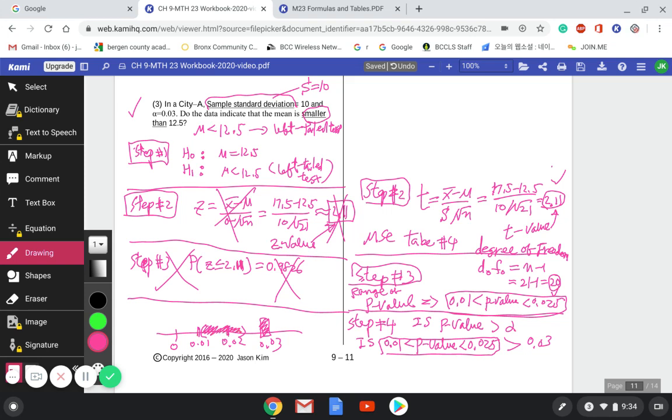Is all of this bigger than 0.03? Well, no. All of this is smaller than 0.03. Since it's no, what happens? We reject H0 and keep H1 as the new value.